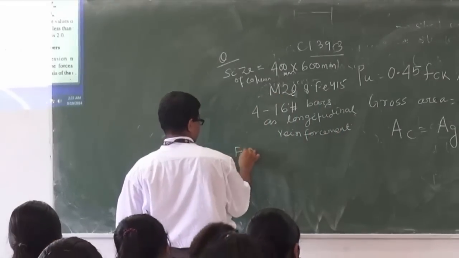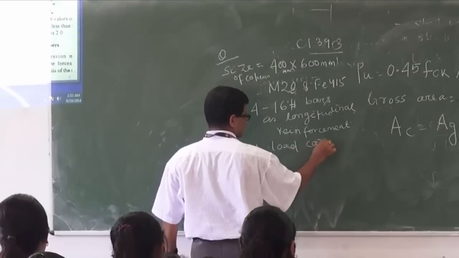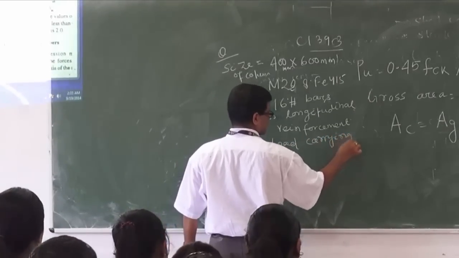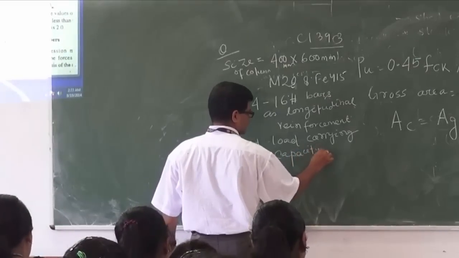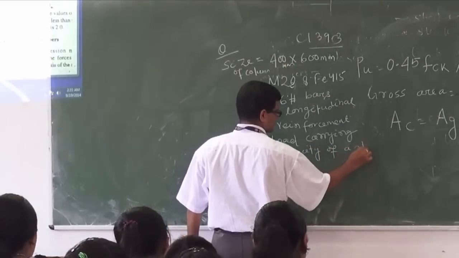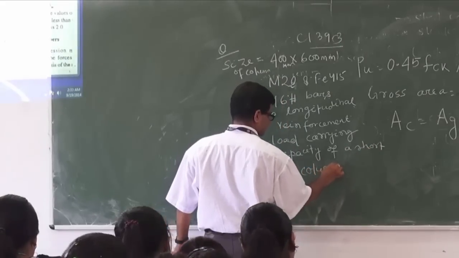So find the load carrying capacity of a short column with lateral ties.